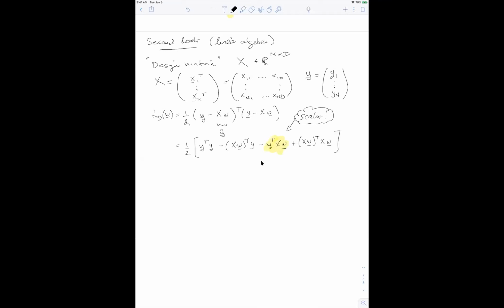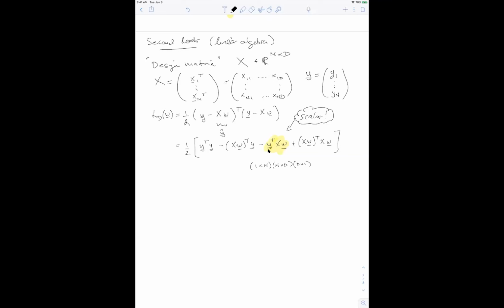You have to check the dimensions, but indeed, if we check the dimensions, let's just do it because we're doing it for the first time. 1 by n is y transpose. X is n by d. And w is d by 1. So you can see that you get a scalar.